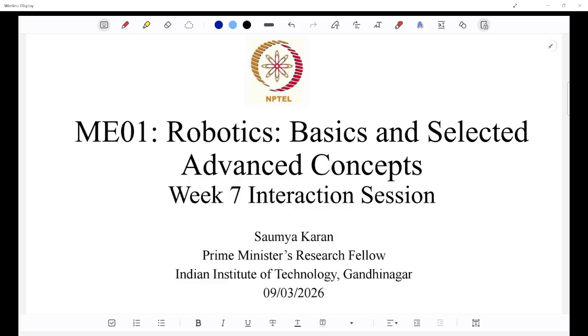So flexible robots have many single actuation, and then they can move in all the 6 degrees of freedom. So we'll look at all of these things.